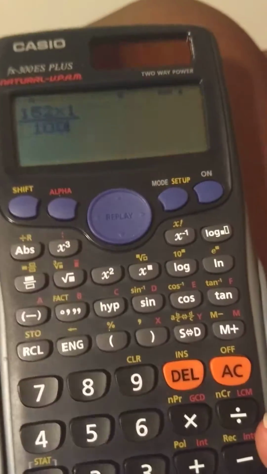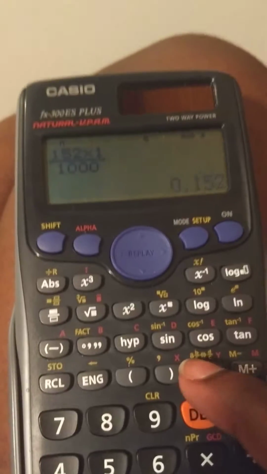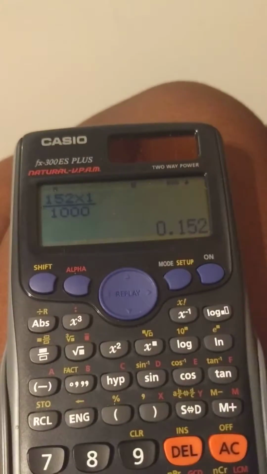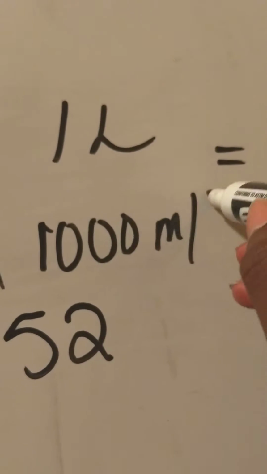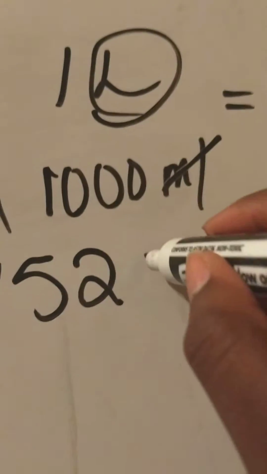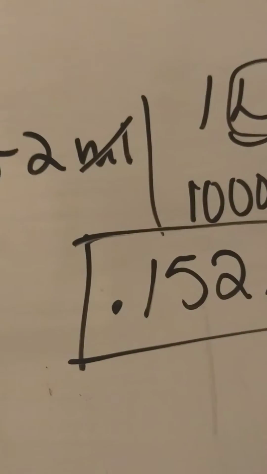It's honestly whatever is best for you. This just happens to work for me. The number that we get is 0.152, and because milliliters cancels out with milliliters, you're left with 0.152 liters.